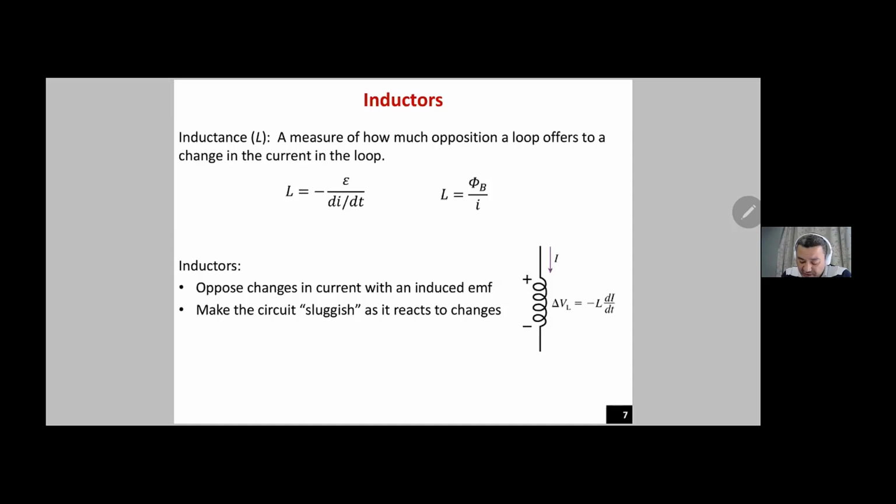So if I am to look at this inductor as a component that is seeing a time varying flux from external magnetic field, then the induced electromotive force across it would be delta VL, or sometimes VL, equals minus L di over dt, while the current is entering the positive terminal. So again, those inductors, they oppose changes in the current with induced electromotive force.